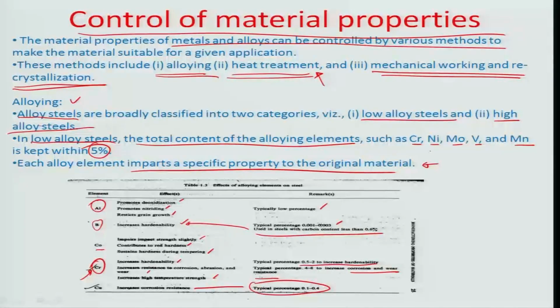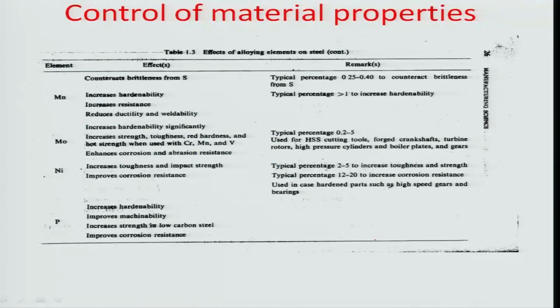So these are some of the materials which can actually impart desirable properties or effects by alloying into the basic crystal structure of iron. So you have a variety of other materials in the same manner. For example, what manganese does is to counteract the brittleness from sulfur which otherwise gets generated into the mold, because sulfur is something that you have to get rid of, because otherwise it generates a lot of undesirable properties related to brittleness etc. of the casting.